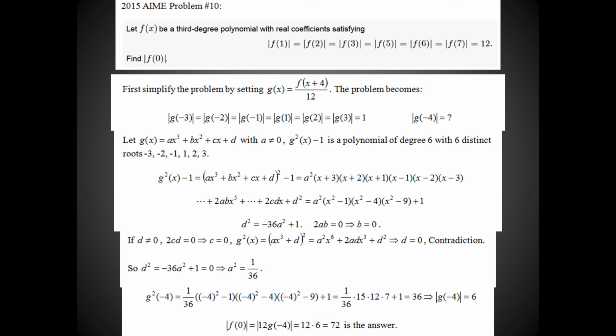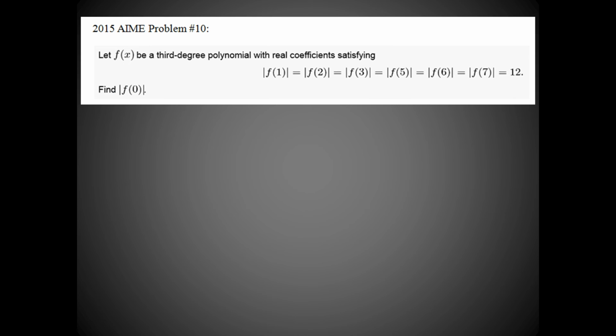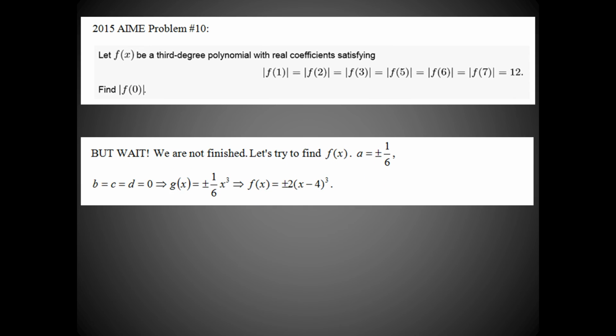Let's continue. Let's not stop and actually find the function f. We are not finished. So let's try to find f(x). We already know that a squared is 1 over 36. So a is plus or minus 1 over 6. It can be negative. And we also found that b, c, and d are all 0.